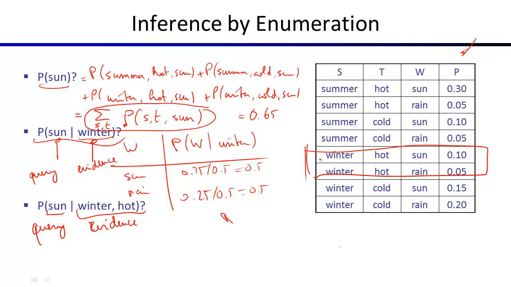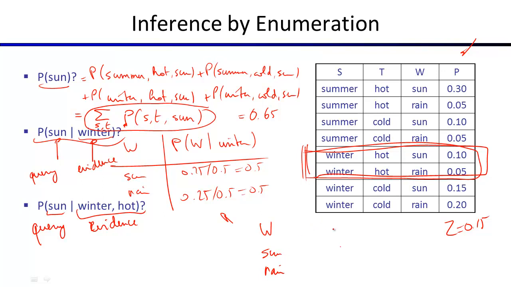Now what we're left with is an unnormalized distribution over weather and the evidence variables, and we're going to normalize this. So Z here equals 0.15, and so we end up with our query variable, which is weather, which can be sun or rain.